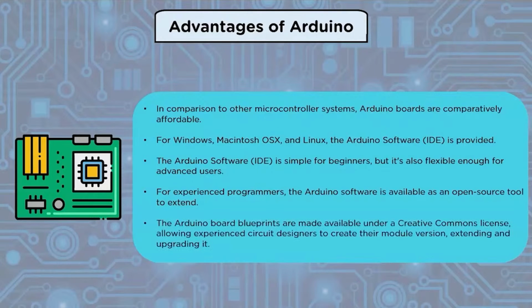The Arduino is open source and has hardware that can be expanded. The Arduino board blueprints are made available under a Creative Commons license, allowing experienced circuit designers to create their own version of the module, extending and upgrading it.